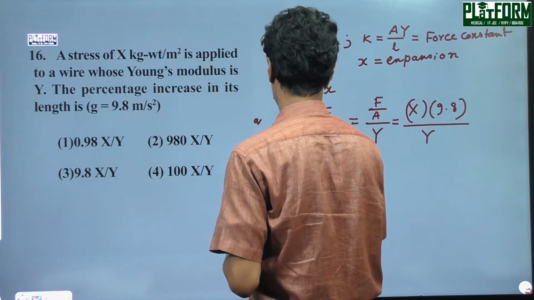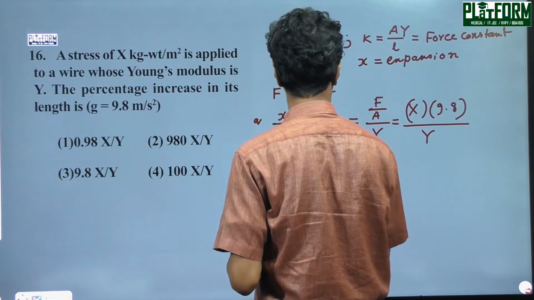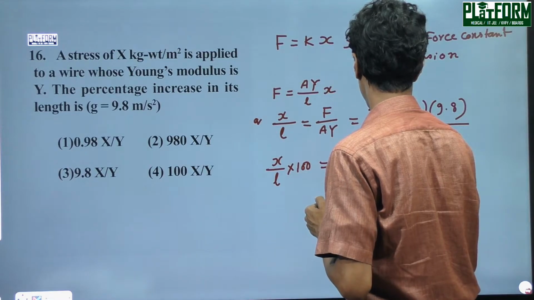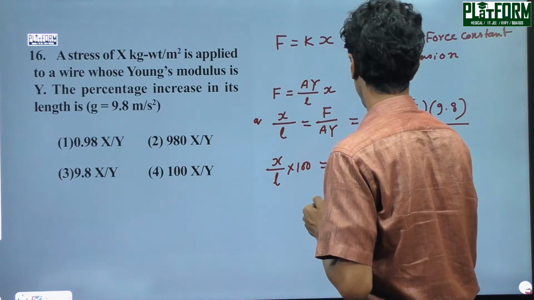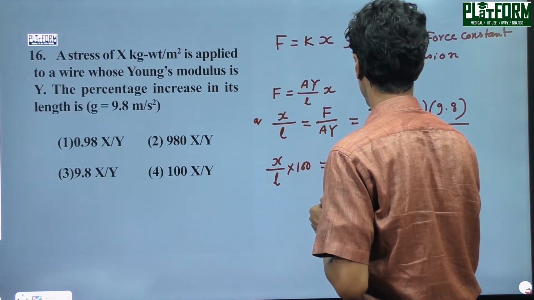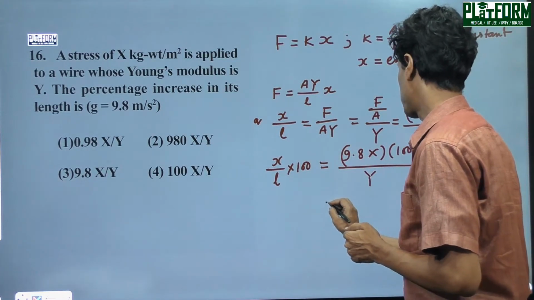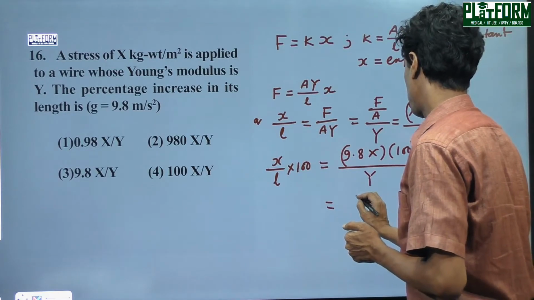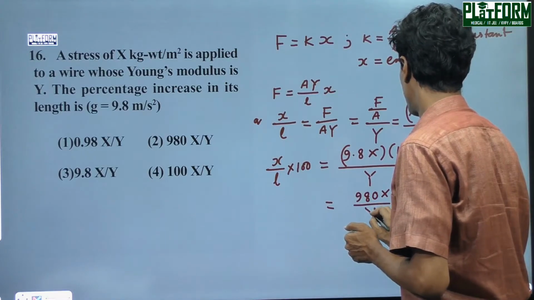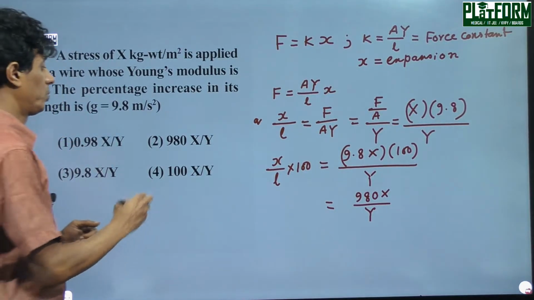Therefore, we can say the percentage expansion is equal to 9.8 into x into 100 by y, and by simple calculation it is 980x by y. Correct option matches with 2.